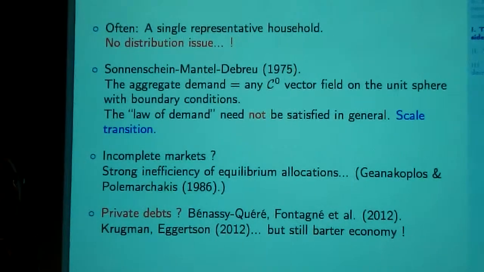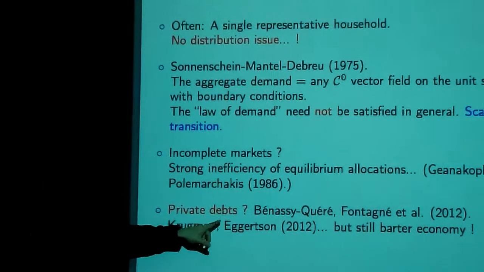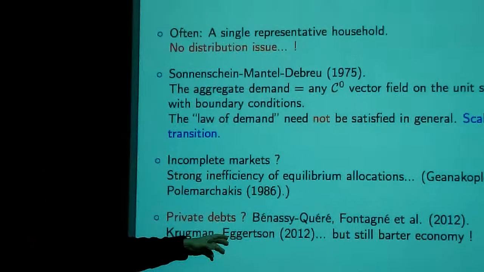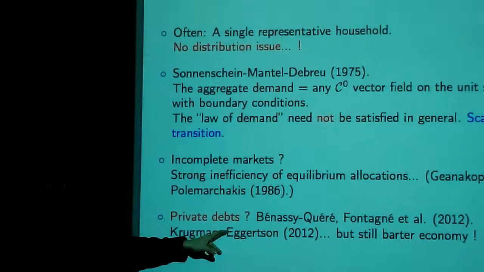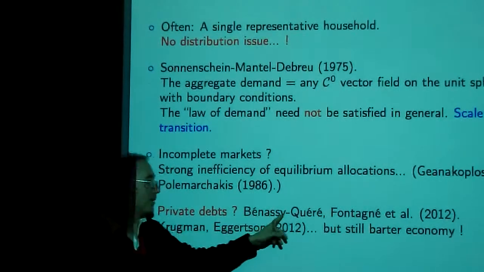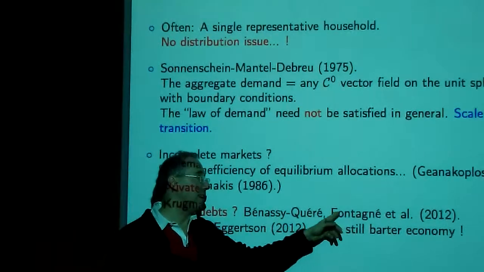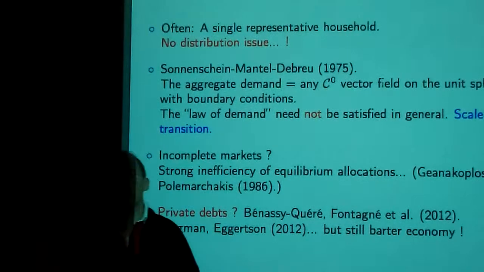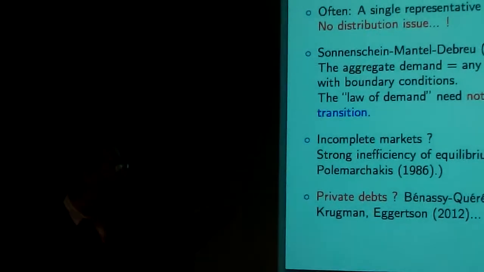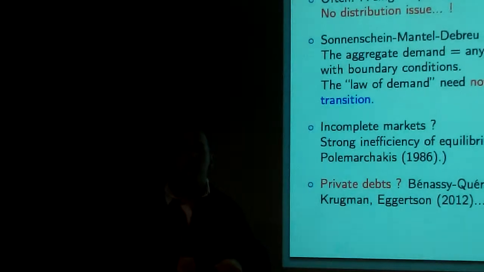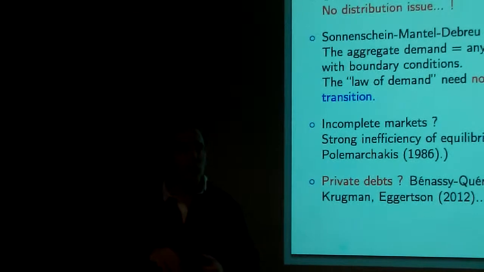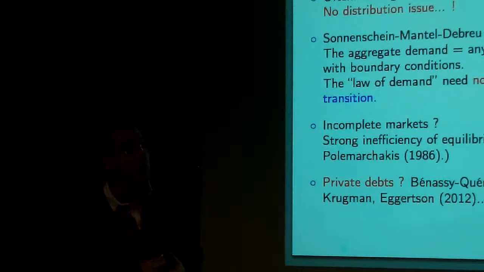I go back to my point. Definitely private debts are important, and unfortunately there are still macroeconomic models today where people don't have any debt. There is an example, a paper by my friend and colleague Benassy-Quéré and Fontagné from 2012, where they predict that Japan should take off in 2 years, that is this year. And the GDP per capita of Japan should rise to the same level as the GDP per capita of the US.